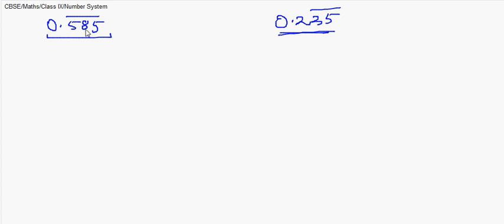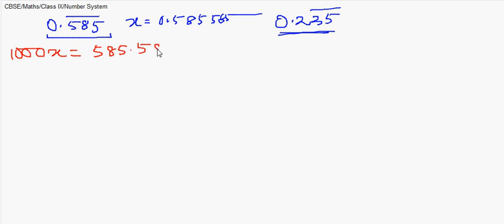Here three digits are getting repeated, so I take x as 0.585585 and so on. I multiply 1000 to both the sides, so 1000x is equal to 585.585585 and so on.